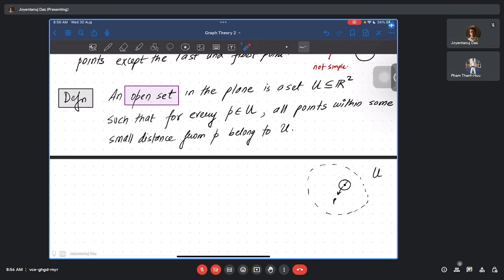That may not be true for the limit points. So that's why there are two different things: open sets and closed sets.